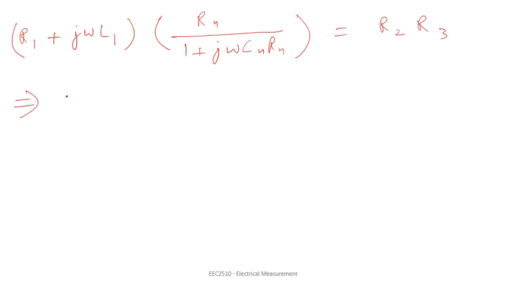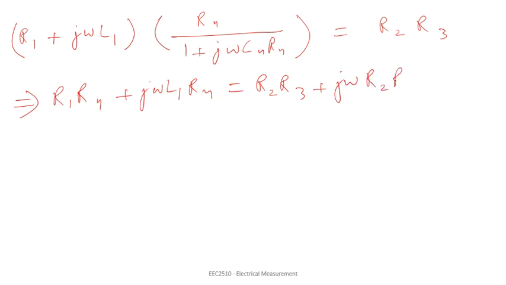Or this will be R1 R4 plus j omega L1 R4 equals R2 R3 plus j omega R2 R3 C4 R4.